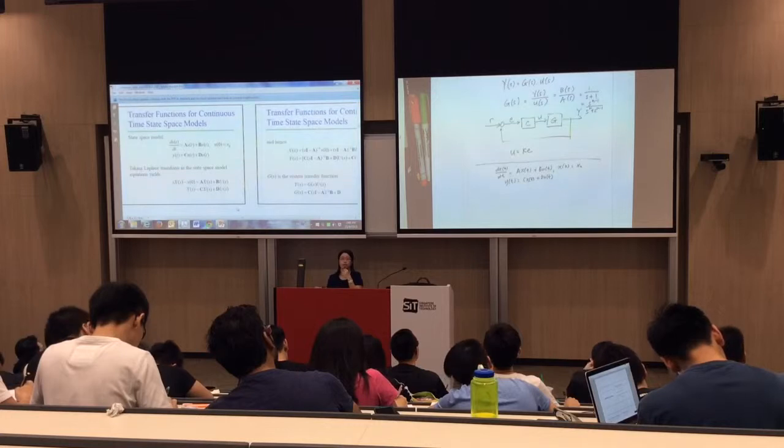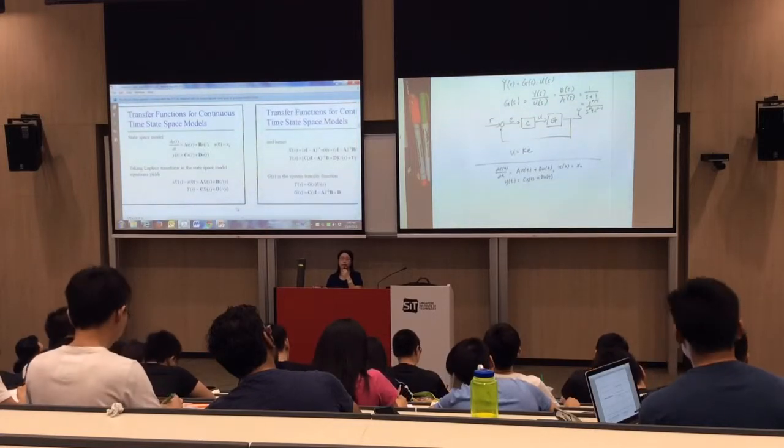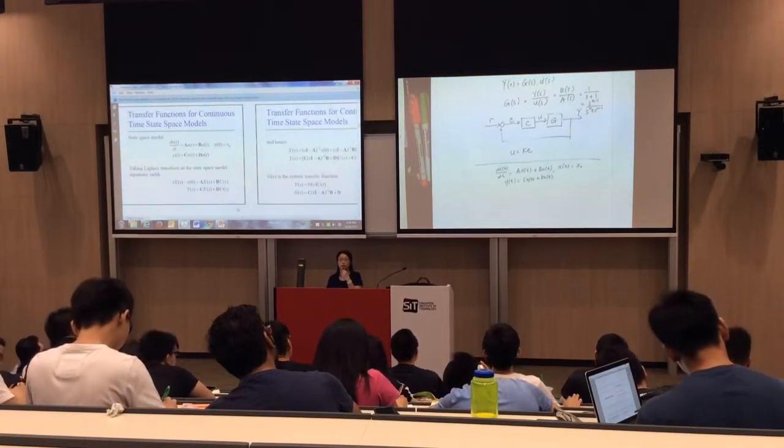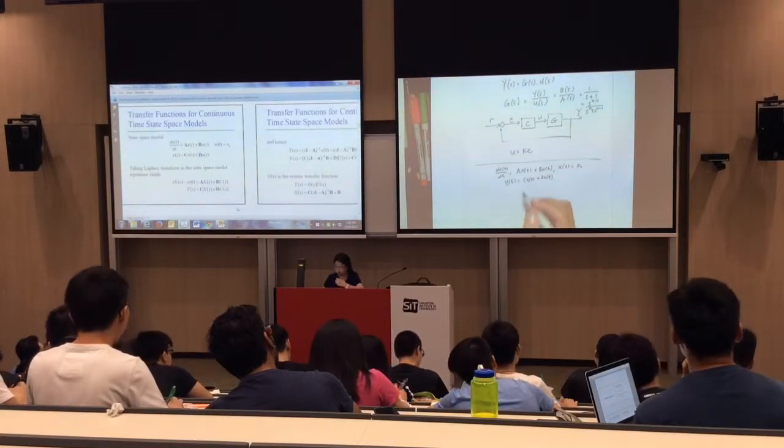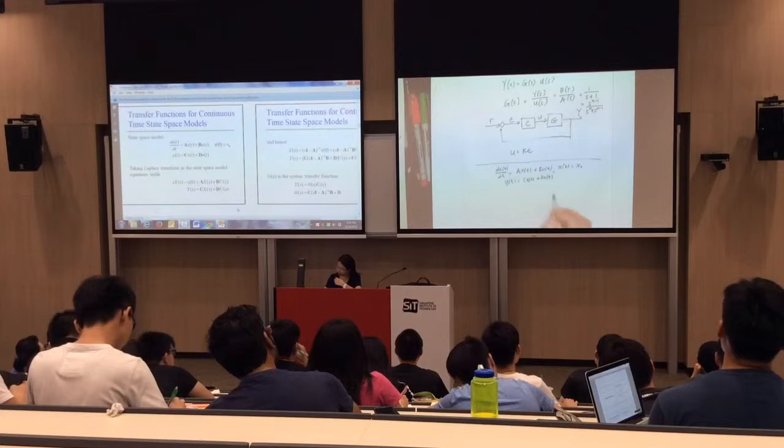How do you transform this? How do you actually identify the transfer function G from this? This is a revision lecture, it's going to get a bit dry.